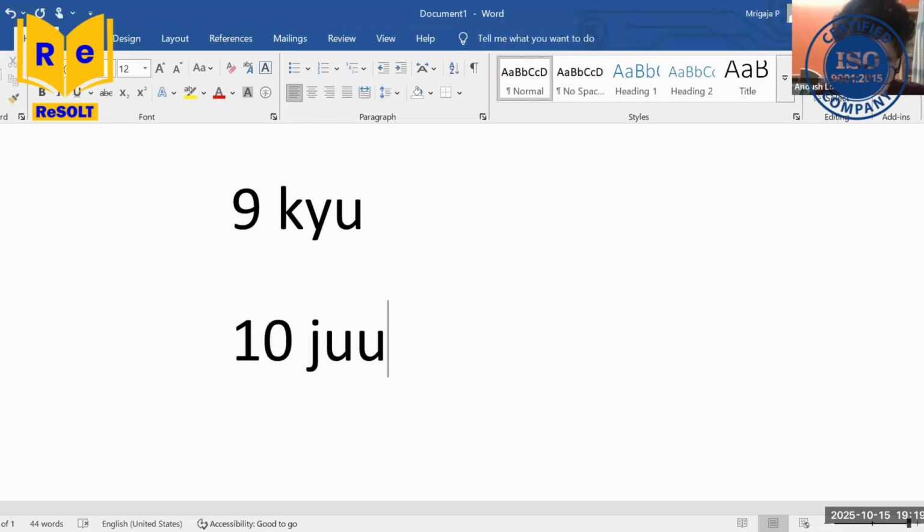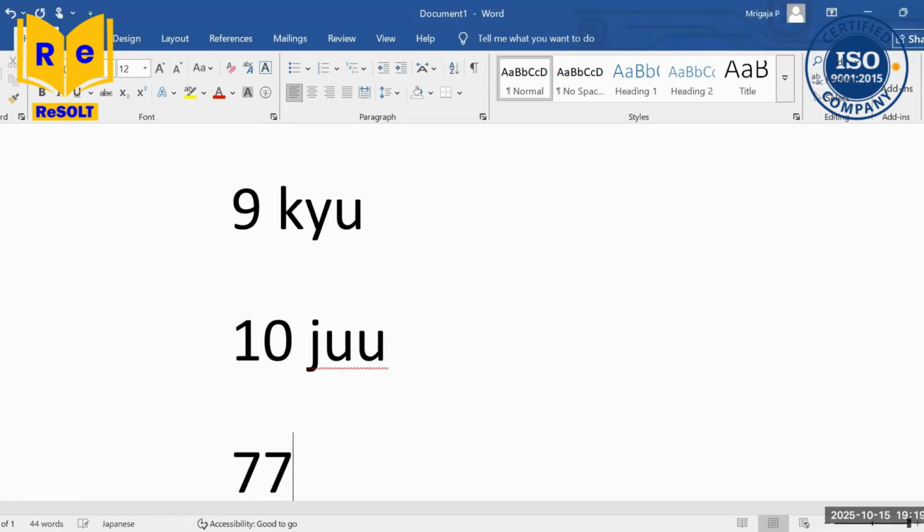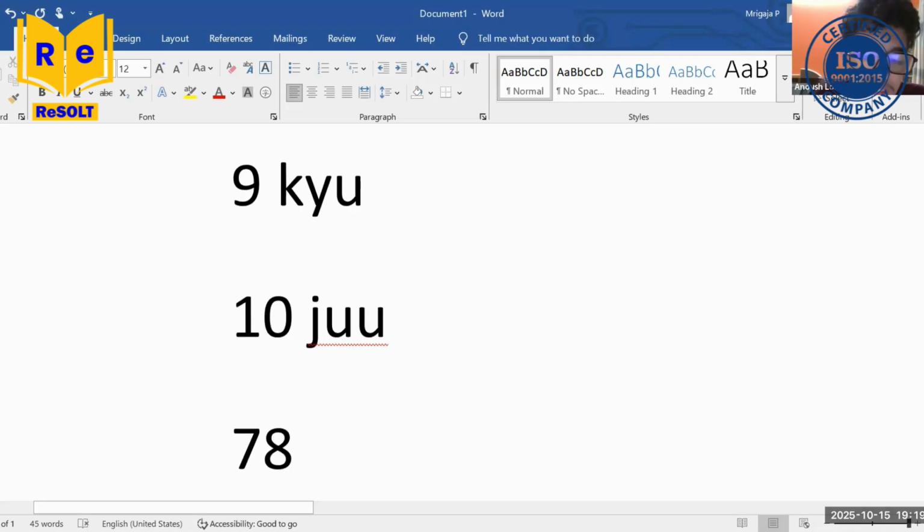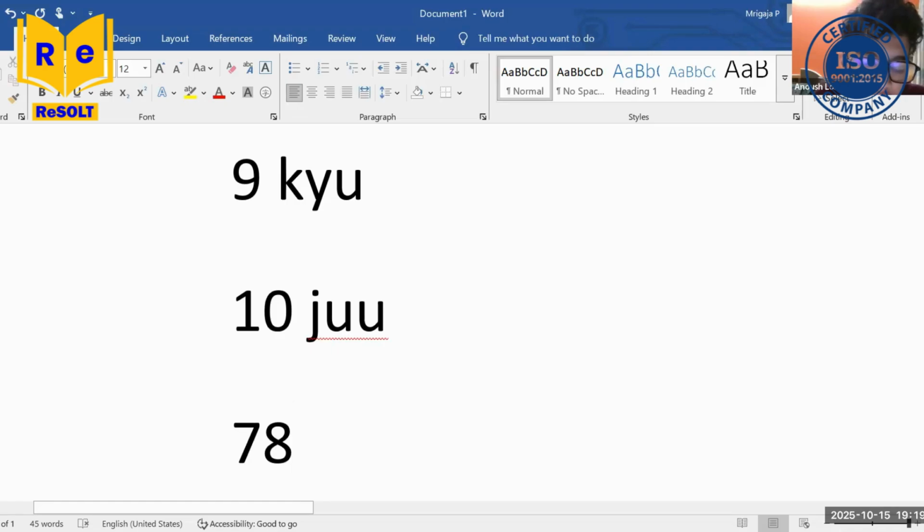So what will 11 be now? I think 11 was like "ichiju." No, "juichi." Yes. So what will 78 be? I think "juhachi." No, "ju" means 10. We have to do 70. 70 will be 7 and then 10.